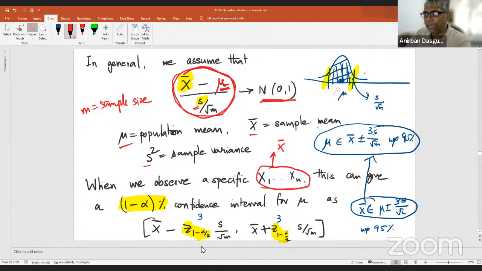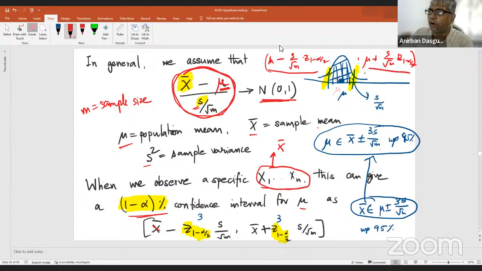Therefore, the 1 minus alpha confidence interval under H0 will be something like mu minus S over the square root of n times z of 1 minus alpha by 2, to mu plus S over the square root of n times z of 1 minus alpha by 2. So this should be the interval where X bar lies if H0 were true.